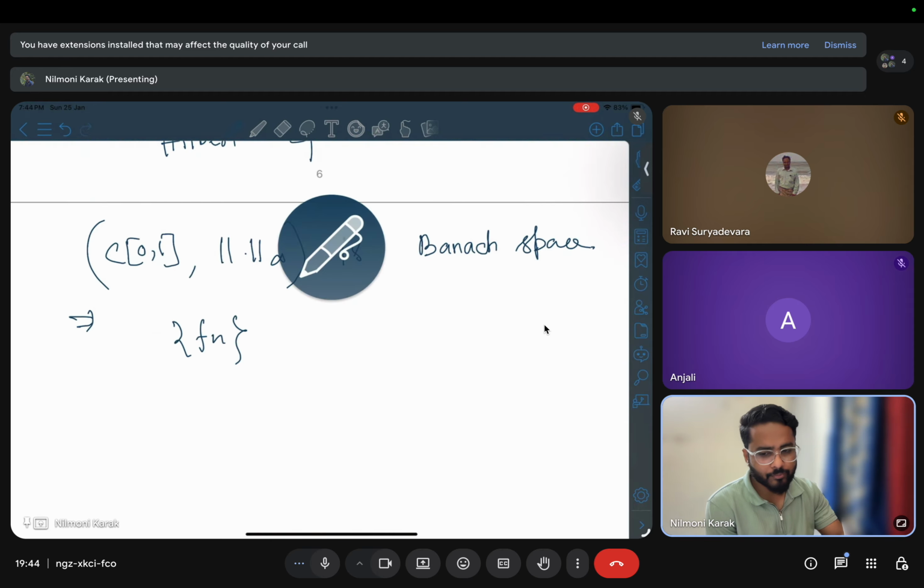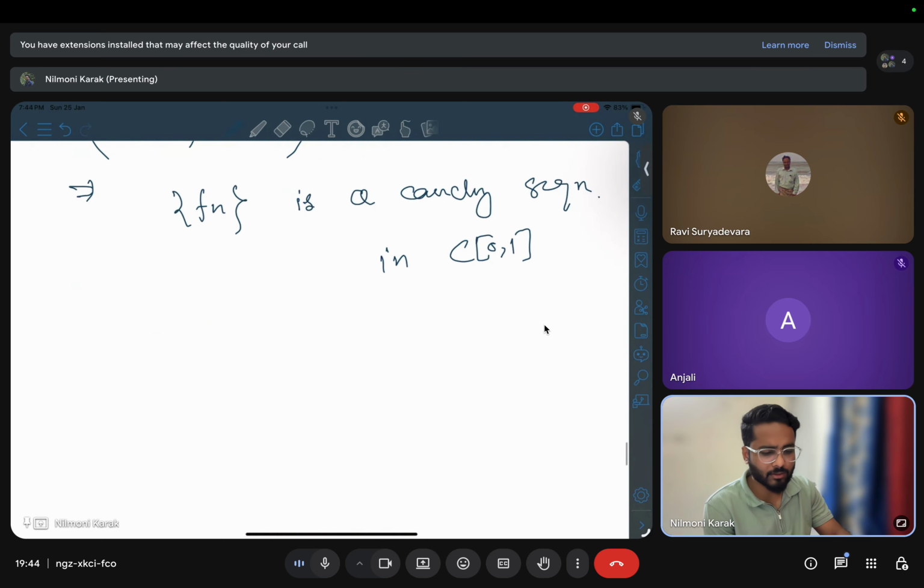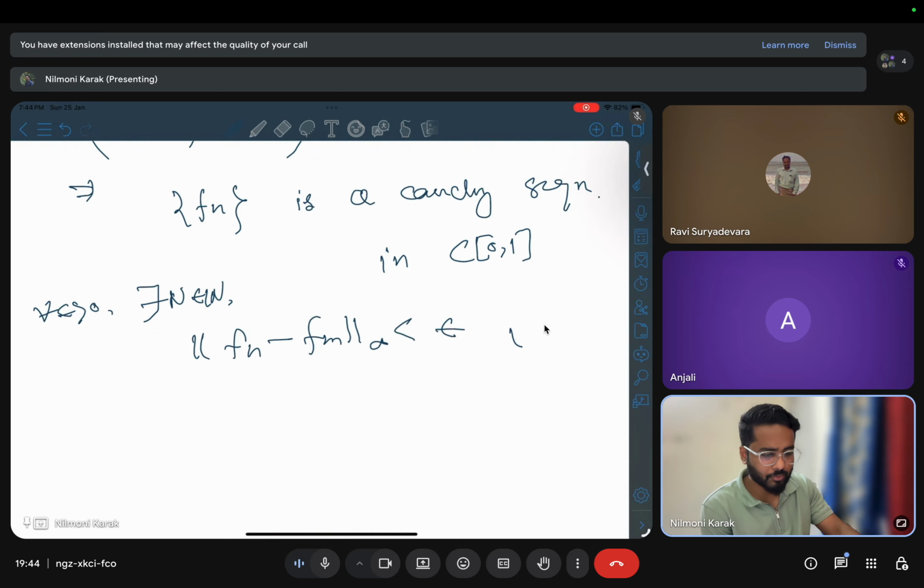Okay, so you take f_n as a Cauchy sequence in C[0,1] under the sup norm. Cauchy means there exists N, this N is a natural number, for every epsilon greater than 0, just you use the definition of Cauchy, the norm is less than epsilon for all m, n greater than or equal to N.